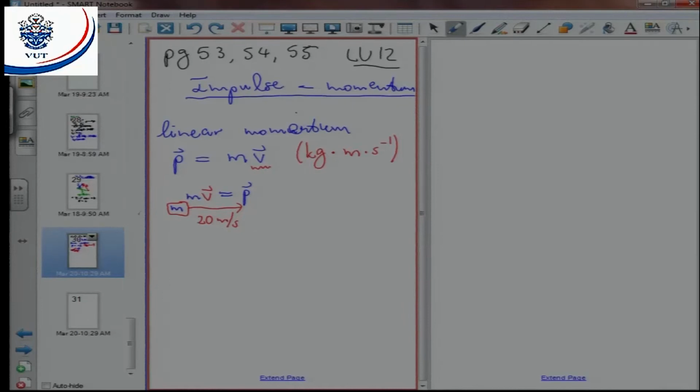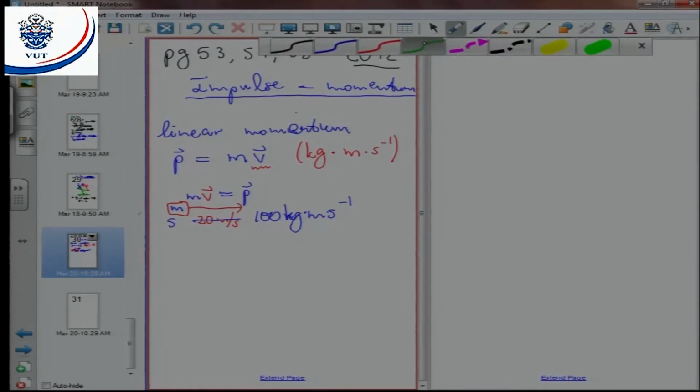Maybe the mass is 5, so we multiply the 5 by 20, so the new vector is 100 kilograms times meters per second.